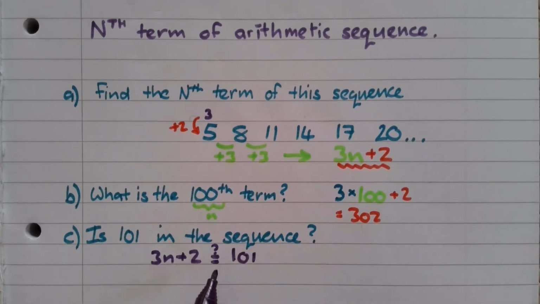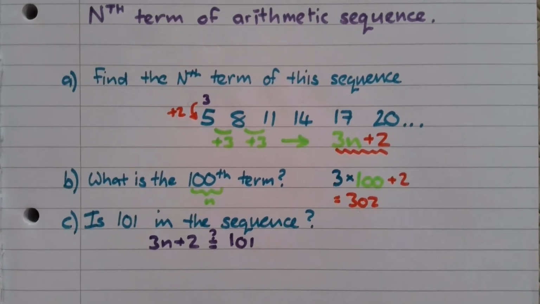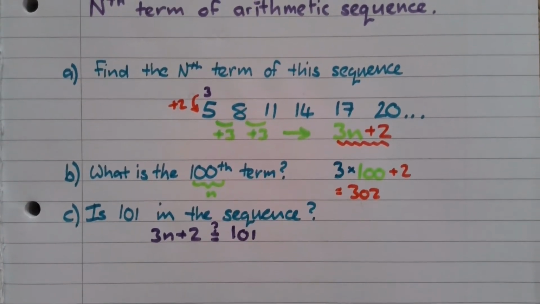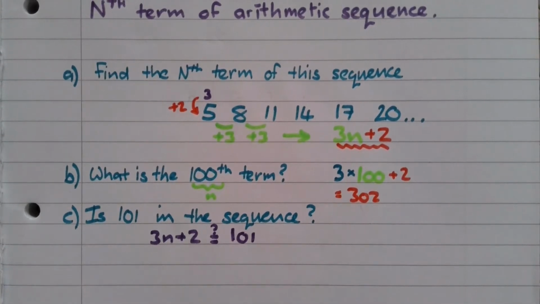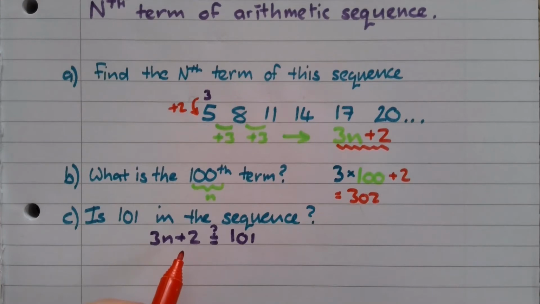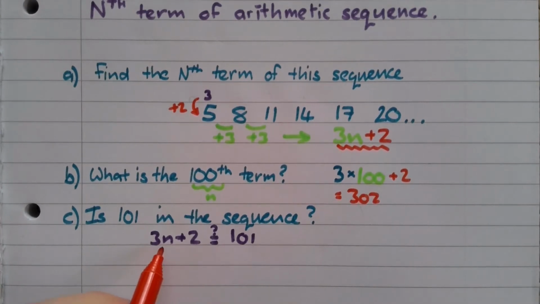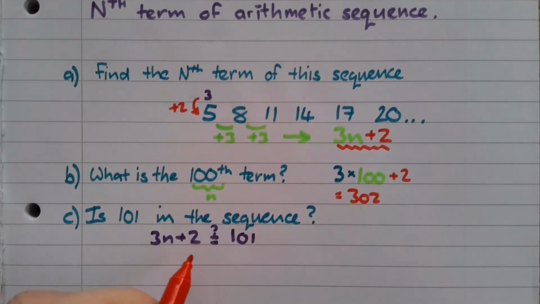So I put a question mark above the equal sign there. Then we'll do a little bit of algebra to figure that out. It's like rearranging equations. We're doing the opposite of all the operations, trying to unstick all the numbers away from the n. The number that's least stuck to the n is the 2. It says plus 2, so we'll do minus 2.